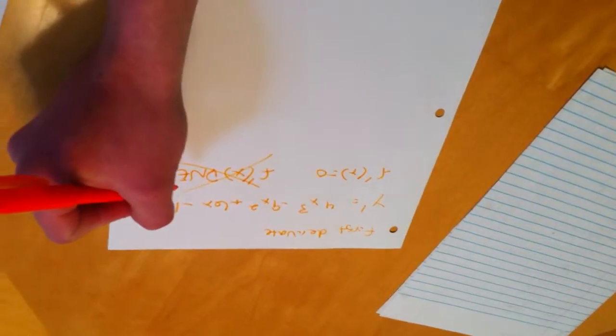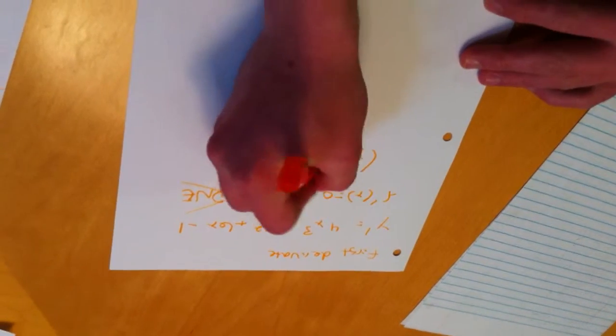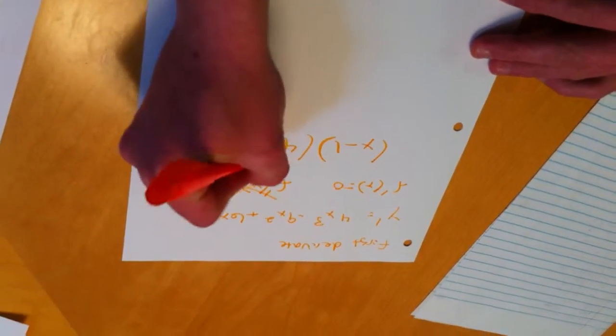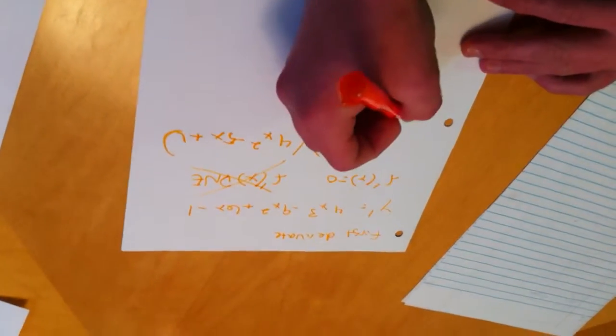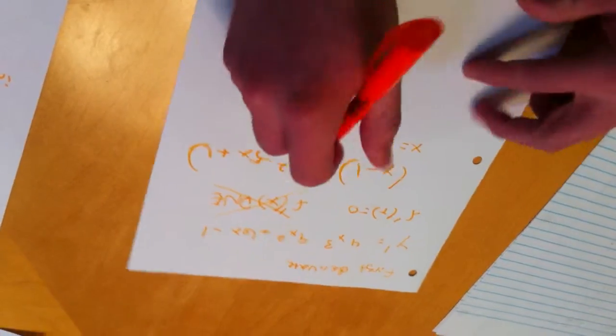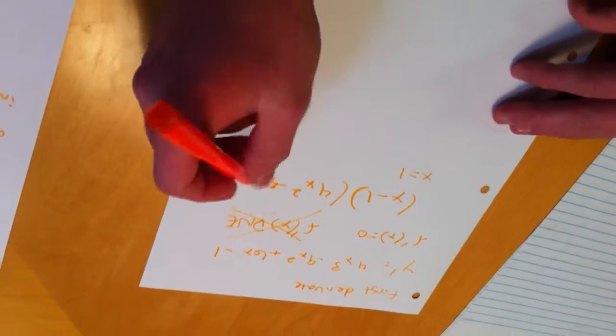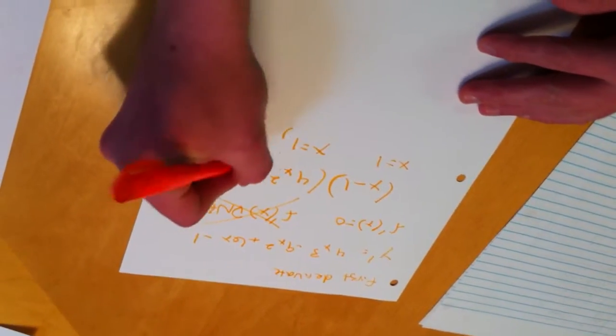I did the same thing I did for the last problem, because it's not a simple quadratic. I used the rational root theorem and ended up getting x minus 1 times 4x squared minus 5x plus 1, which gives us x equals 1. Then breaking this down with the quadratic formula, I got x equals 1 and 1/4.